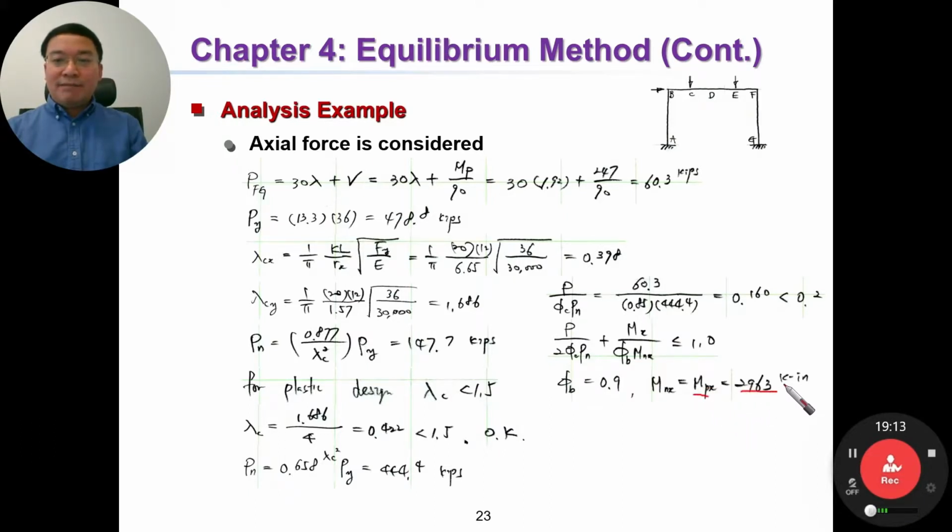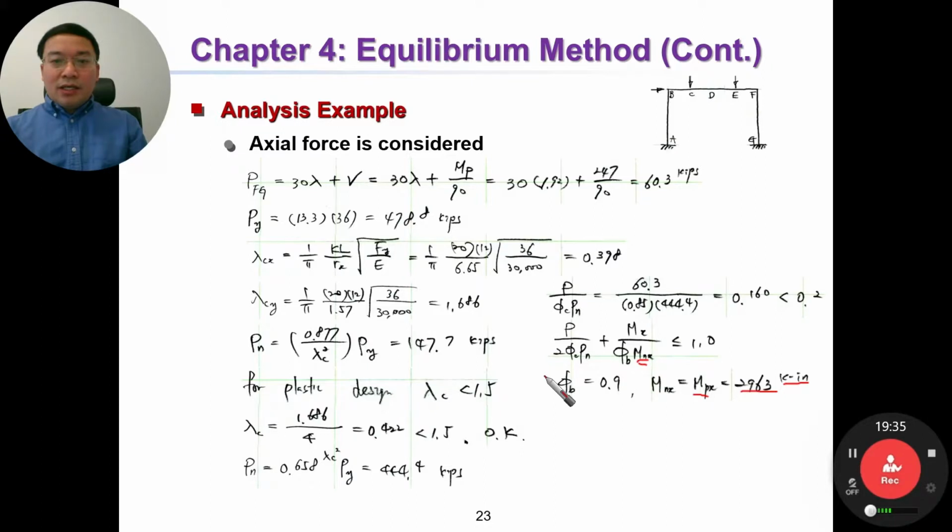It is kip-inch, okay, kip-inch. The previous one is kip-feet, and this is kip-inch. Mp, okay, Mp of the section. This one is Mp of the section. X.